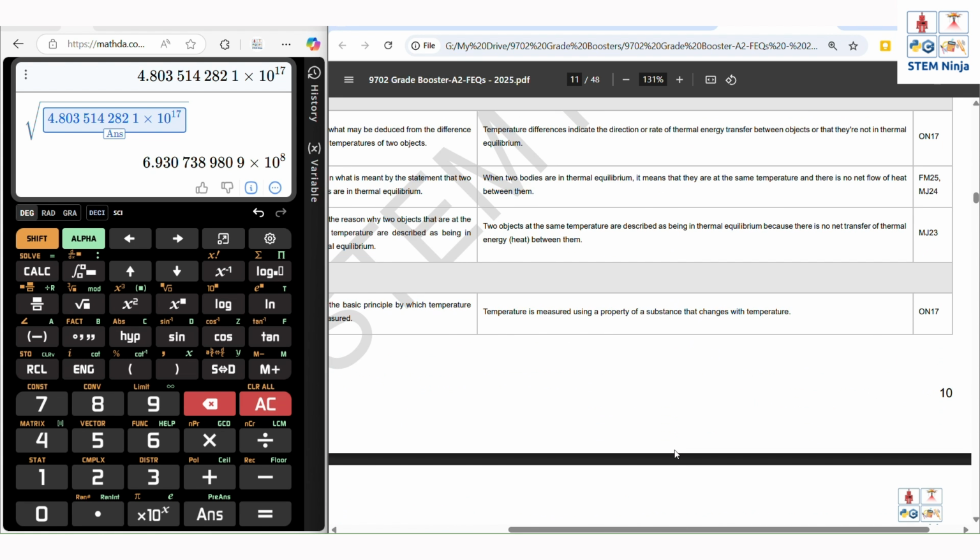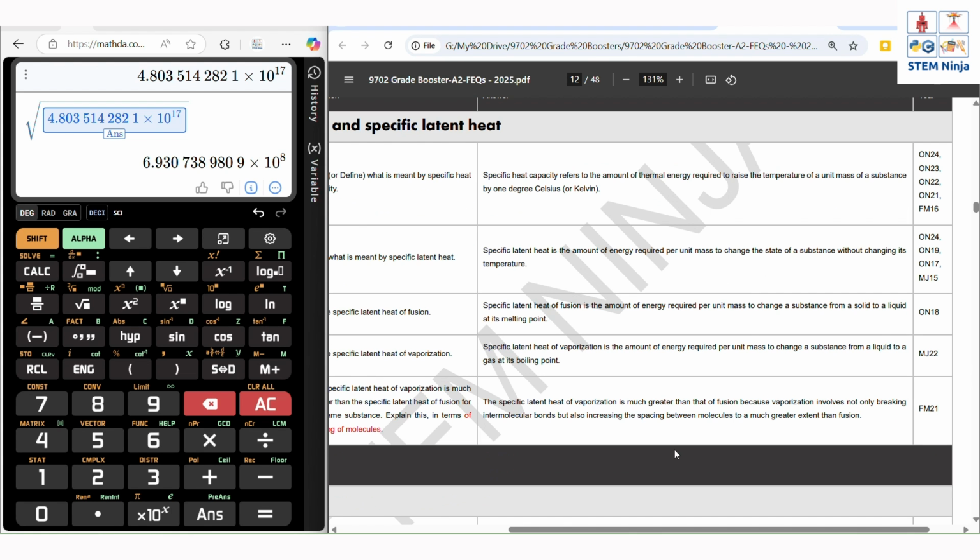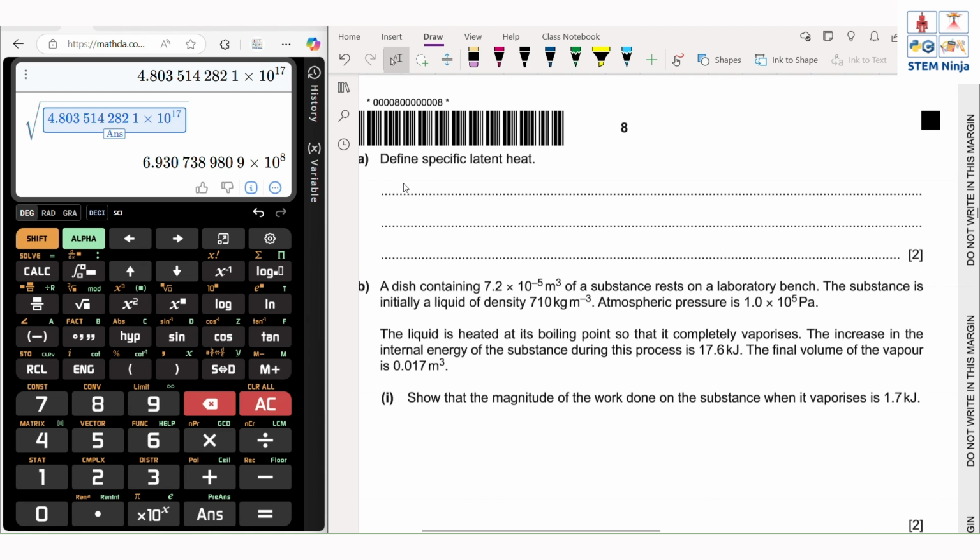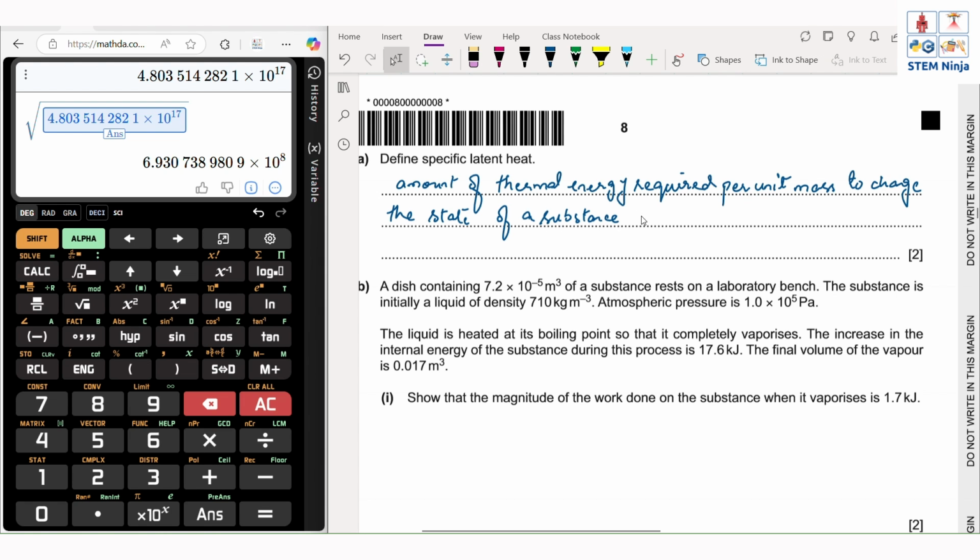To show you exactly, it is the amount of thermal energy required per unit mass to change the state of a substance at constant temperature.